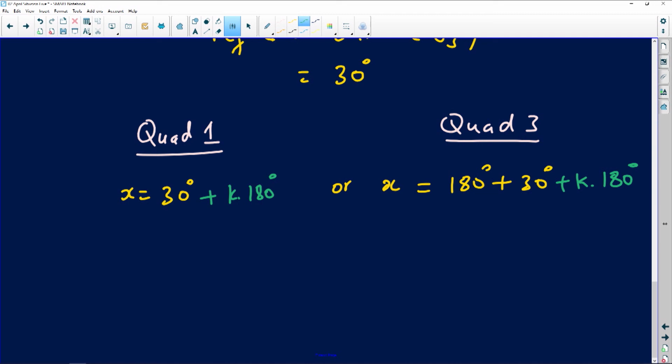If this question was about sine and cos, I was going to say times 360 instead of 180. And then it means that this part here is also going to become 210 degrees plus k times 180. Tell the examiner that k is actually an element of integers.